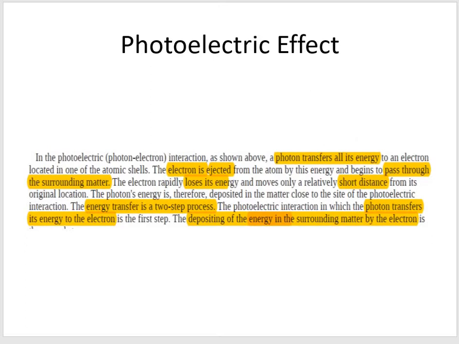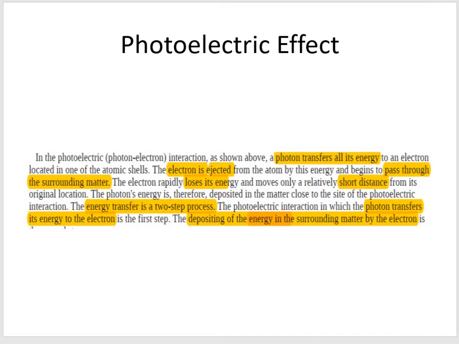Let's go through the first interaction, photoelectric interaction. In photoelectric interaction, the photon that is incident on an atom will leave the atom in an excited state. The excess energy is released when one of the electrons is ejected, and this electron is known as a photoelectron.